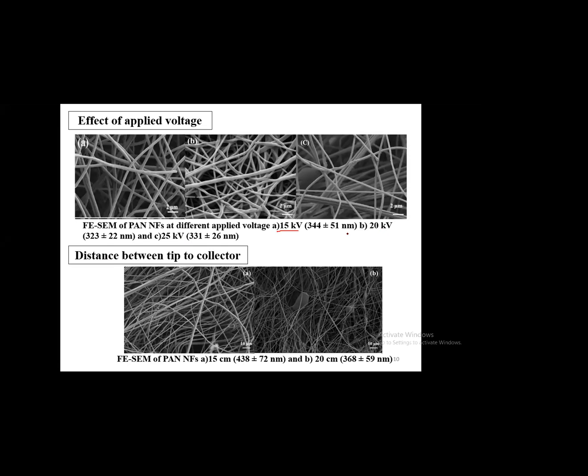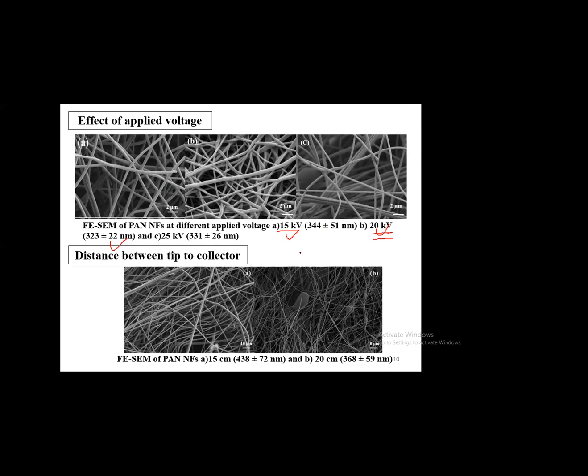It means 20 and 25 kilovolt give a smaller nanofiber size compared to 15 kilovolt. Amongst 20 and 25 kilovolt, 20 kilovolt gives the moderate size, in between 323 and 350 nanometer. So it is a better option to go with 20 kilovolt. This is the moderate range of the voltage which we have to apply.